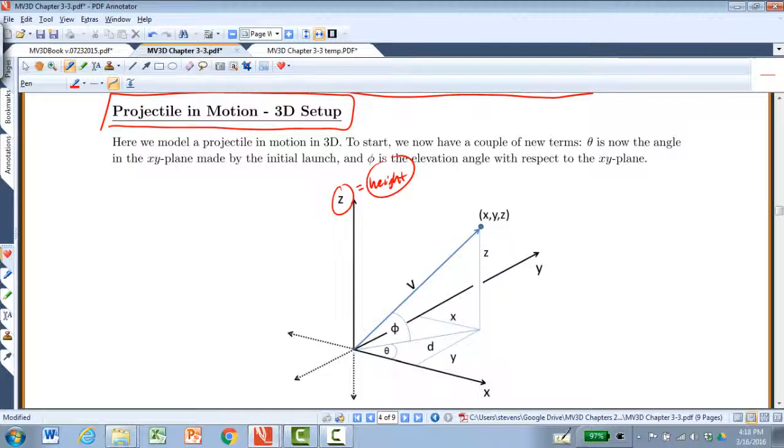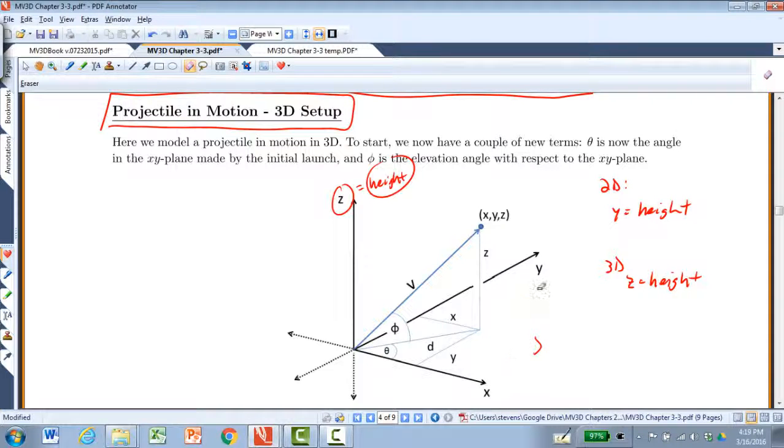Before in 2D, y was the height. Now z is the height. But aside from that change, the actual function determining the height is identical. What gets switched up is that the x and y now both denote the ground position.